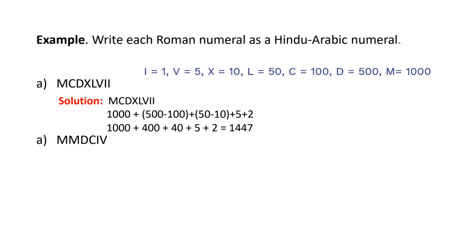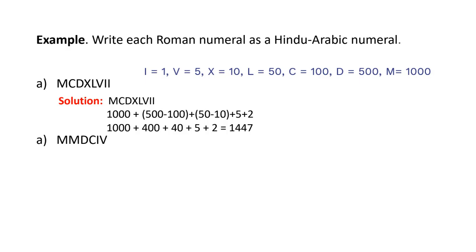Because the C is smaller, I'm going to add 1,000. And then from the C, I move to the right and I have a D, which is a larger value because it is 500. So this is going to be a subtraction. I'm going to subtract 500 minus 100, which is 400.